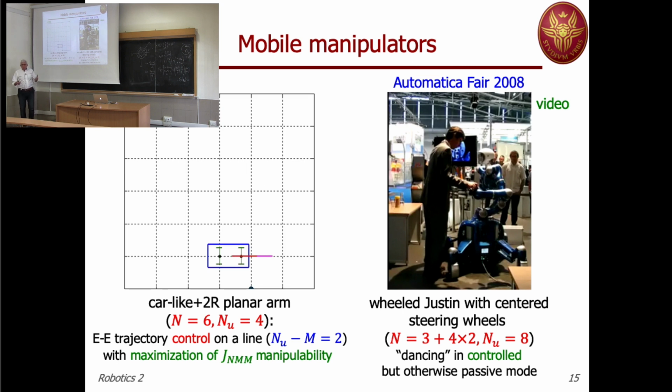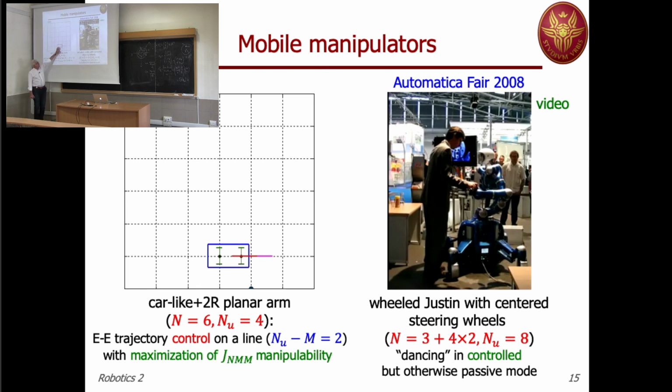So the coordinates, the q_B, in this case will be the position, let's say, of the rear axis, x and y, the orientation of the car with respect to the x-axis, so an angle theta, but also the angle of the steering wheel, because this will change the way in which we move when we apply a linear velocity to the rear or front wheels and a steering angle velocity to this front wheel. So we have, in fact, 4 coordinates q_B.